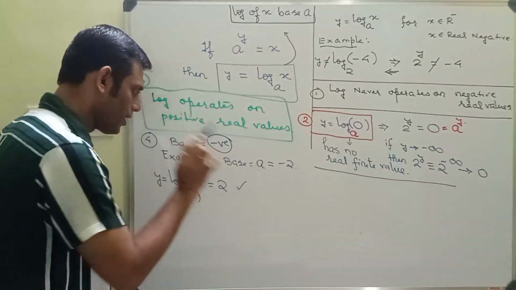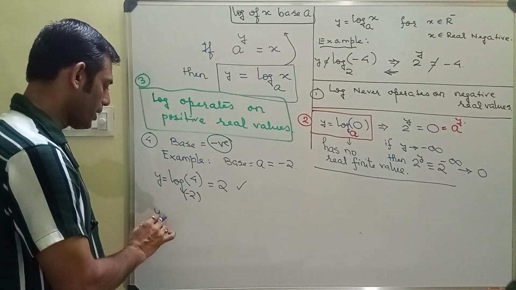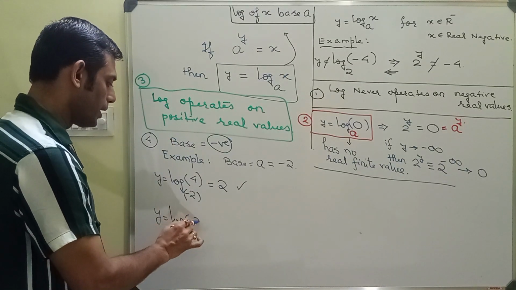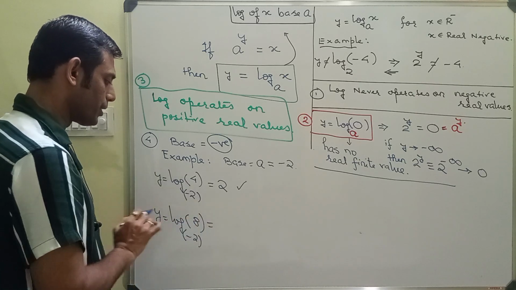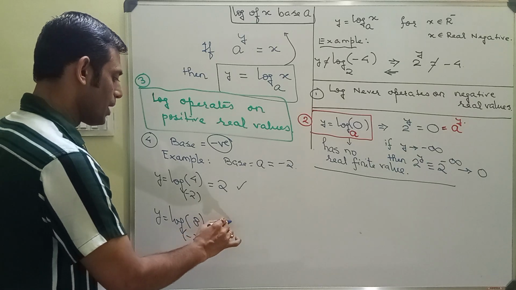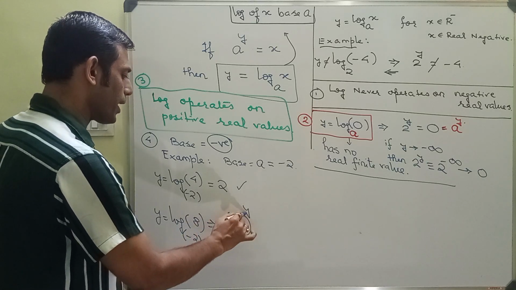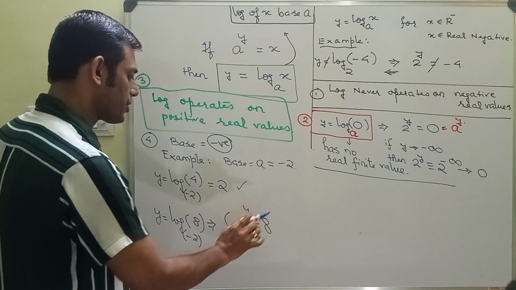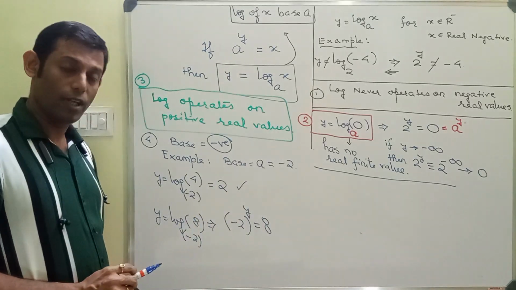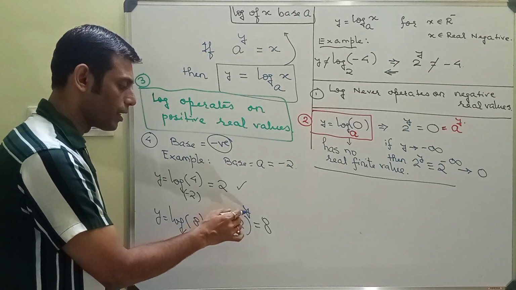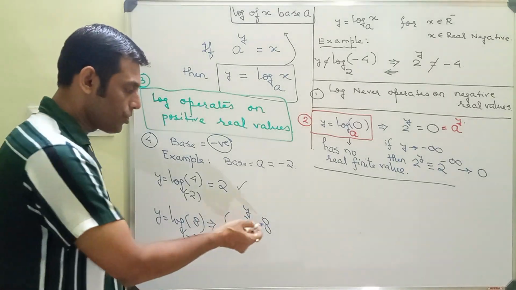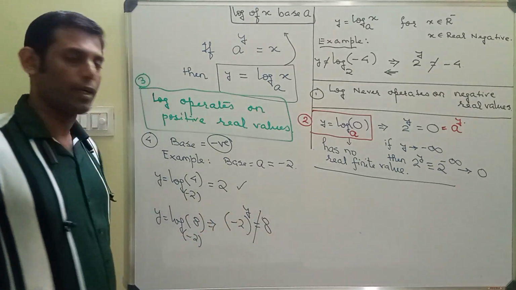This is perfectly alright. Now you take y equal to log of 8 base minus 2. What are you going to get the answer as? This would mean minus 2 power of y should be equal to 8. Is this ever possible? If y equal to 3 is taken, it would produce a minus 8. This equal to 8 would never be attained.